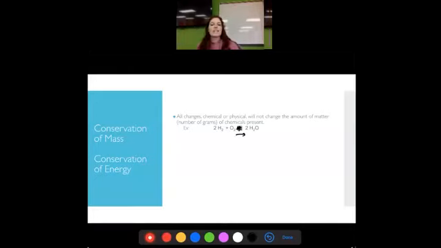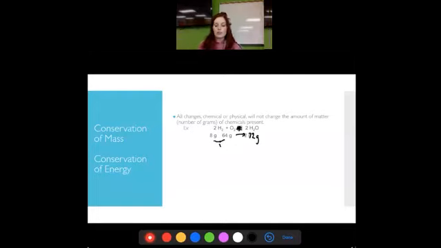So let's say I have this chemical reaction right here. Let's say I start with 8 grams of hydrogen, 64 grams of oxygen, and that gives 72 grams of water. If you look at the total that I started with before the reaction took place, I had a total of 72 grams of chemicals. 8 grams of it was hydrogen and 64 grams of it was oxygen.